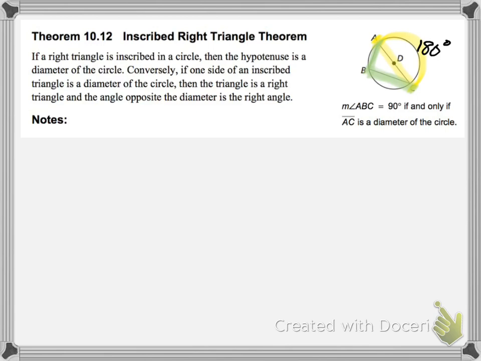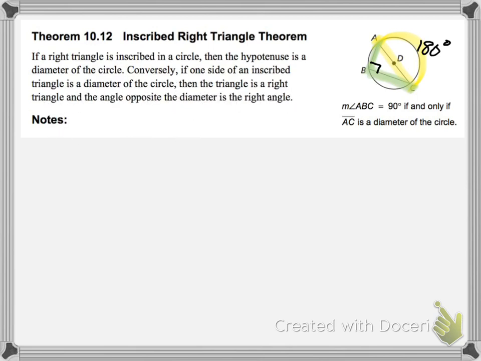So I know this angle is 90 degrees. So if a right triangle is inscribed in a circle, then the hypotenuse is the diameter of the circle. Conversely, if one side of an inscribed triangle is a diameter, then the triangle is right.